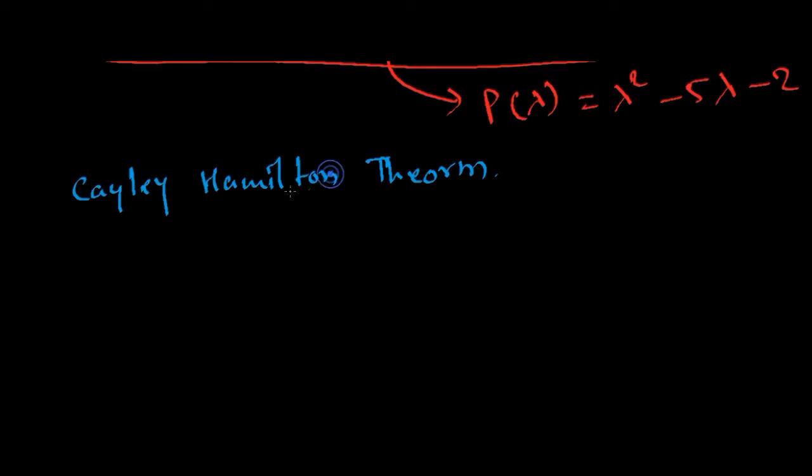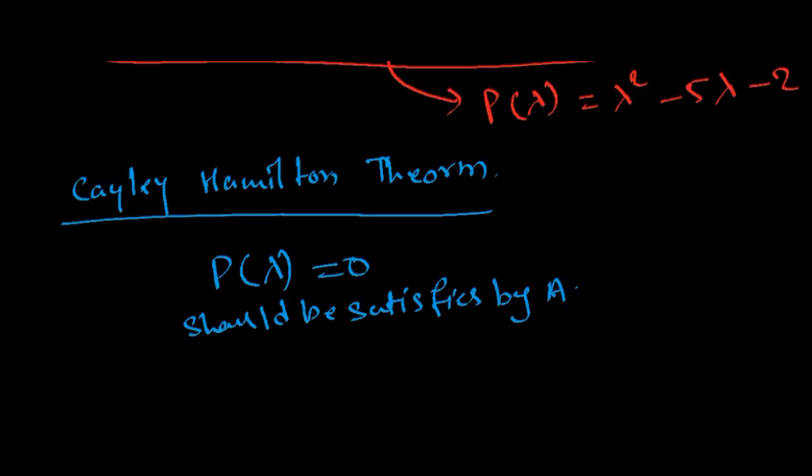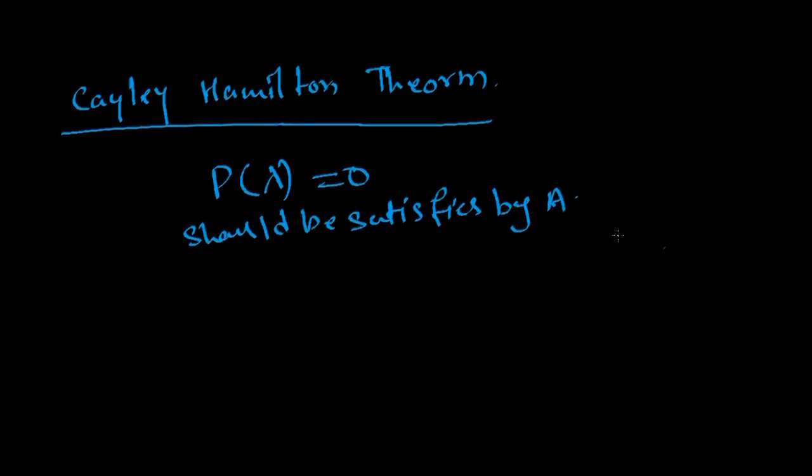Our Cayley Hamilton theorem says that P of lambda equals 0 should be satisfied by A. In the formal sense, the Cayley Hamilton theorem says that every square matrix satisfies its characteristic polynomial.